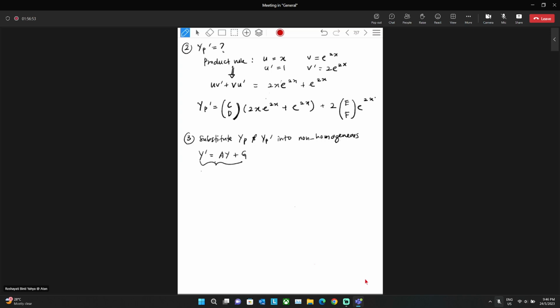So YP prime, you keluarkan, is 2C, 2D, and then the coefficient of x exponential 2x, plus CD exponential 2x, plus.